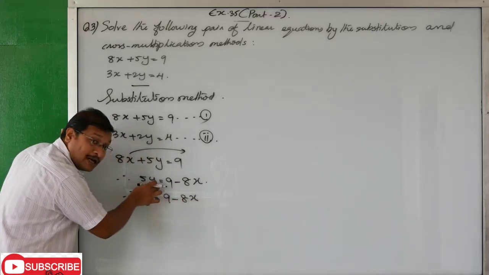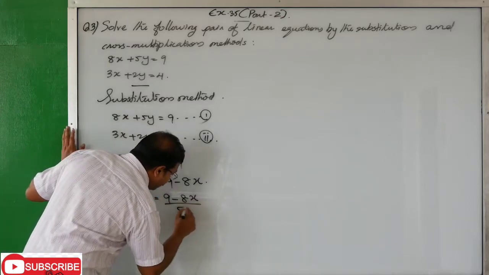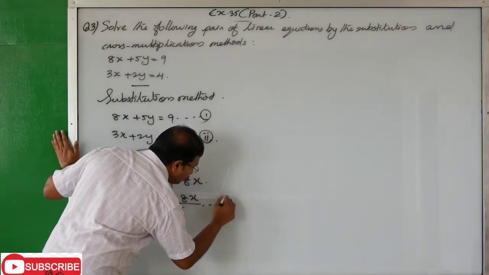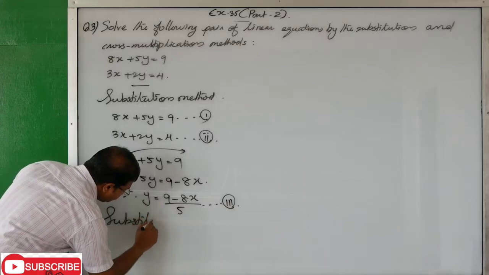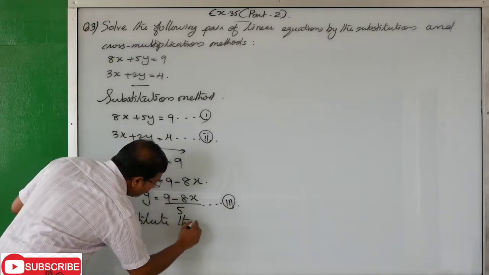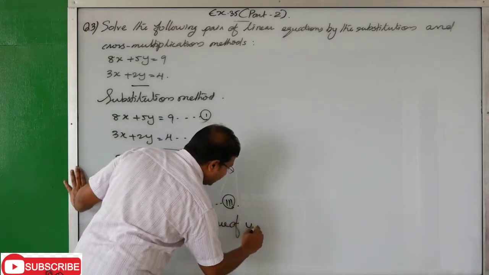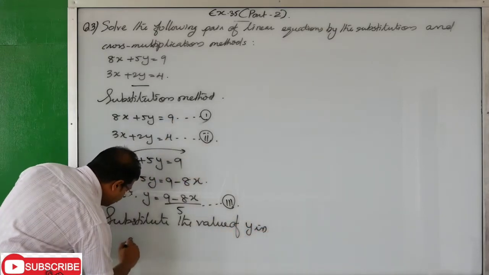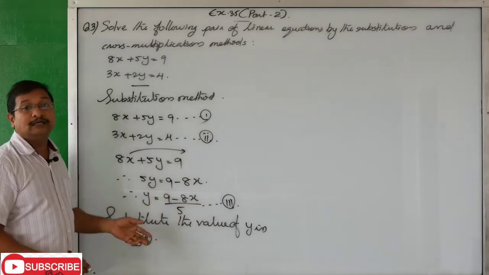Therefore, y equals (9 minus 8x) divided by 5. 5y means 5 is multiplying, so multiplication goes to the next side, divided by 5. This is equation number 3. Substitute the value of y in equation 2. We got it from the first equation, so we will put it in the second equation.